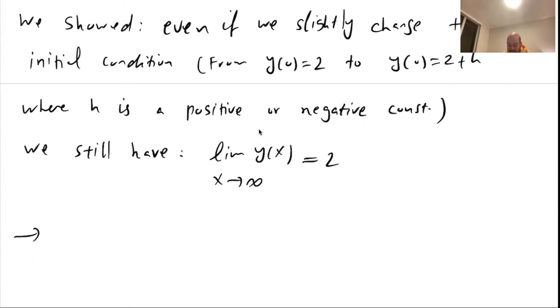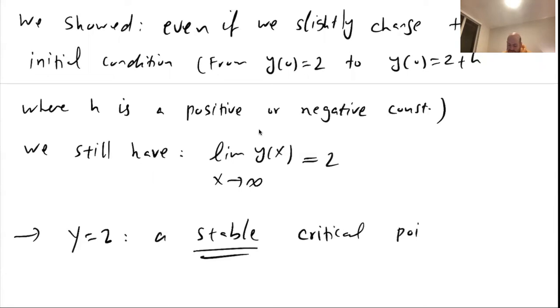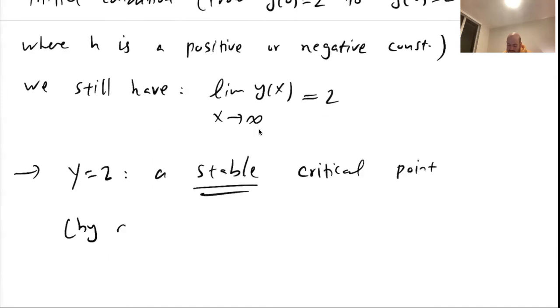So that means y equals 2 is a stable critical point by definition.